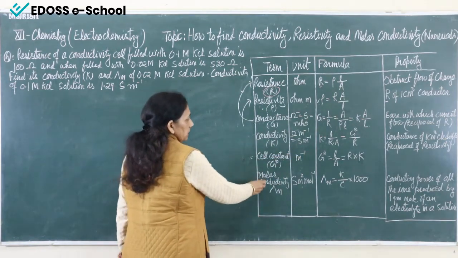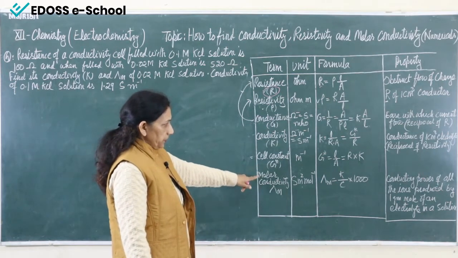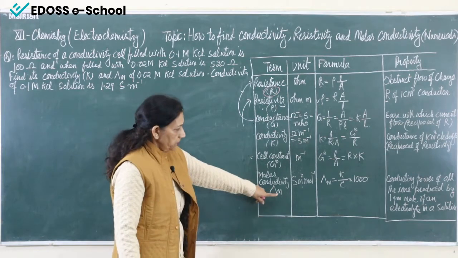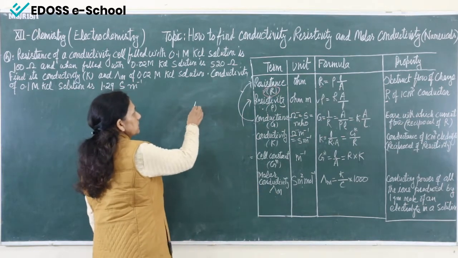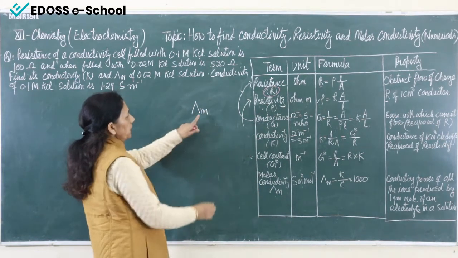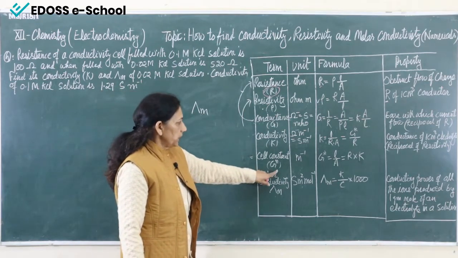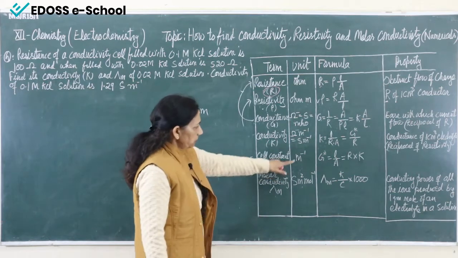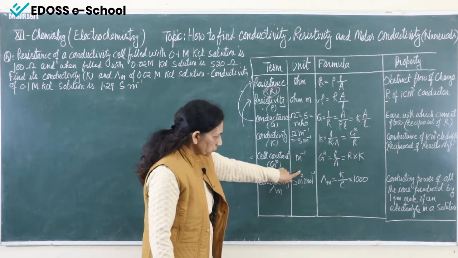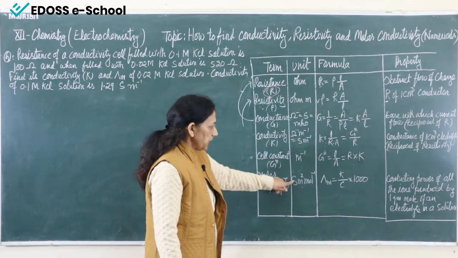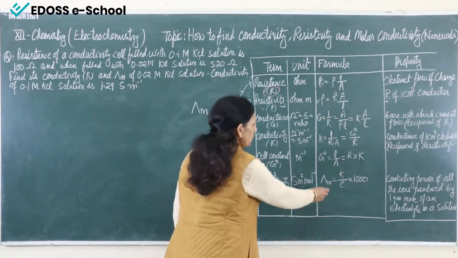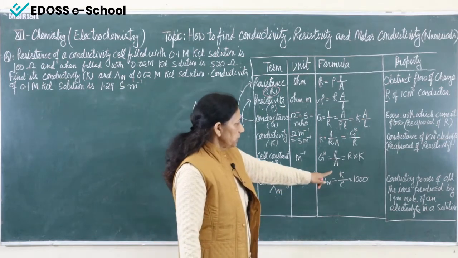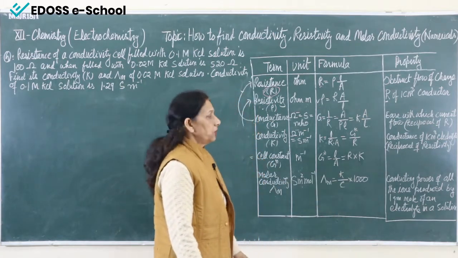And the next term is molar conductivity. The symbol of molar conductivity is lambda m. The unit for molar conductivity is Siemens meter square per mole, and the formula for lambda m is K upon C into 1000.